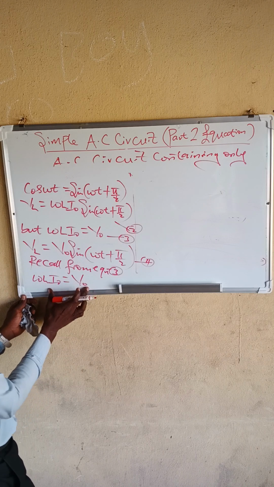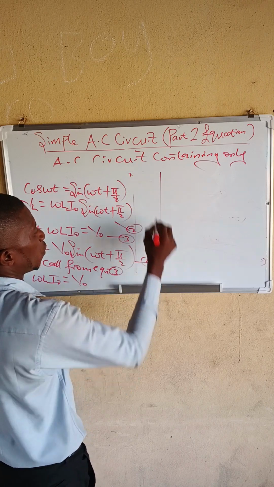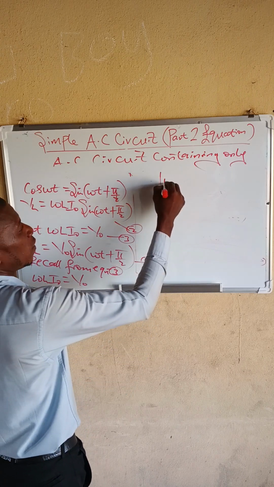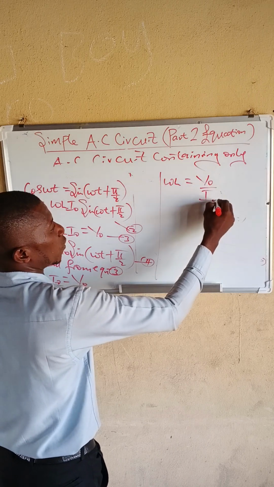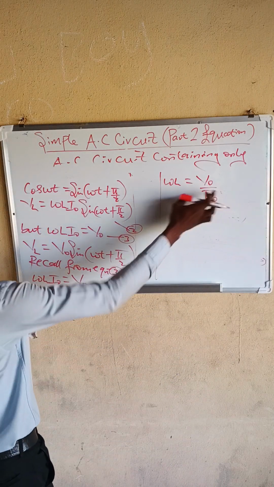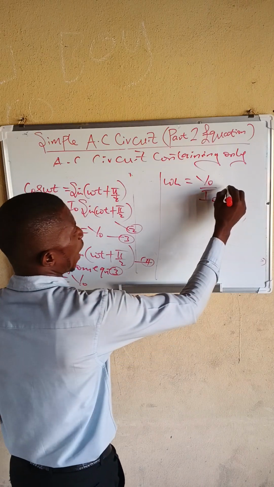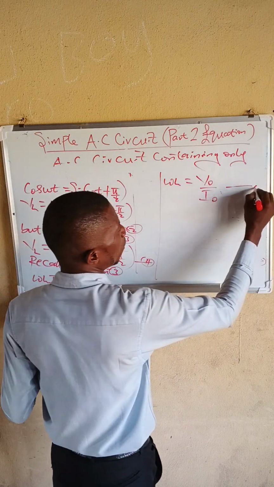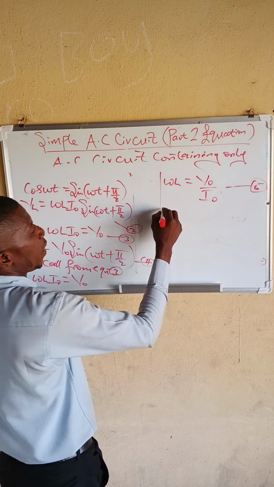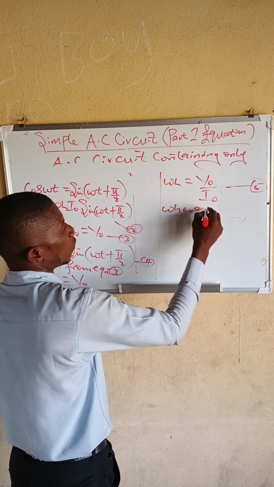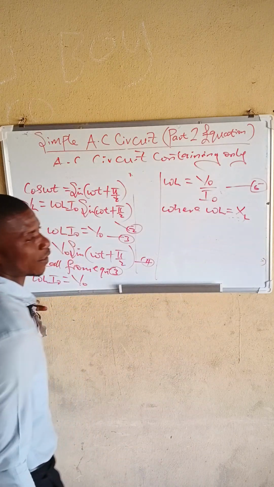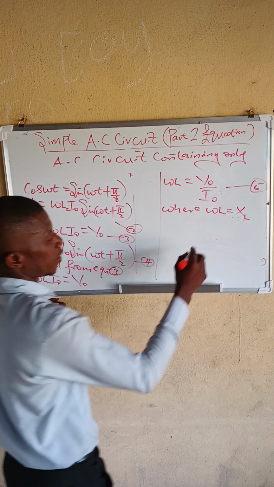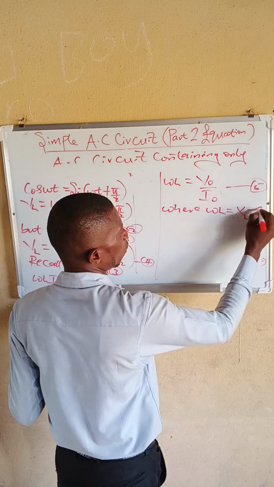This can also be expressed as omega L is equal to V naught over I naught. This can be expressed as this. Then I'll call this equation 5, where omega L is equal to XL. That is inductive reactance. I call this equation 6.